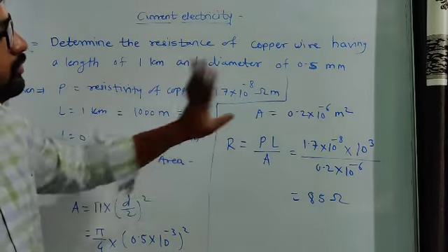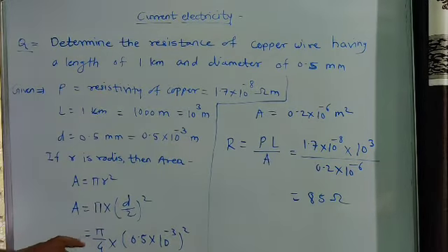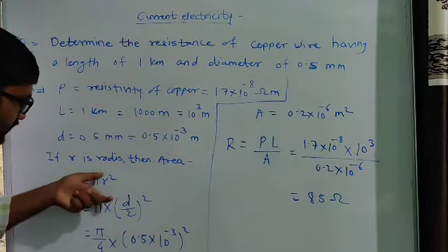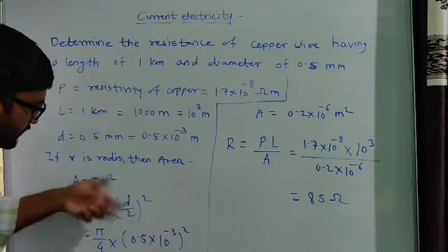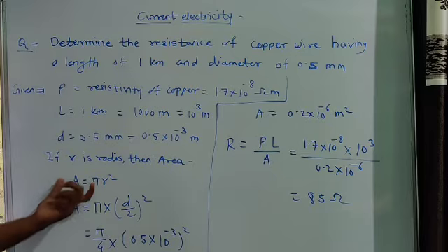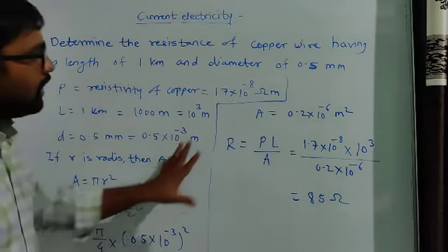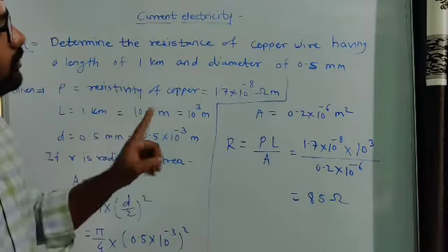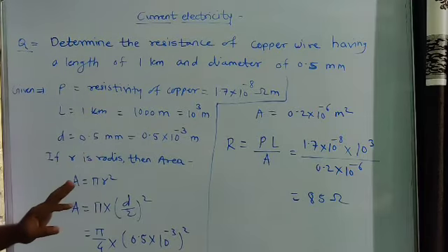So the area will be 0.2 into 10 raised to minus 6 meter square. This adjustment we have to write here: radius is equal to diameter by 2. We take that in this formula, so our area will be 0.2 into 10 raised to minus 6 meter square.